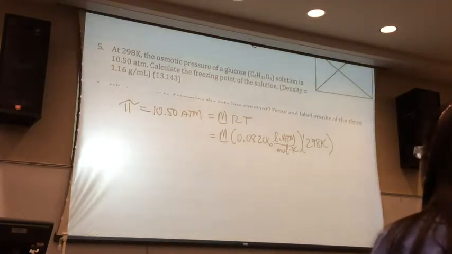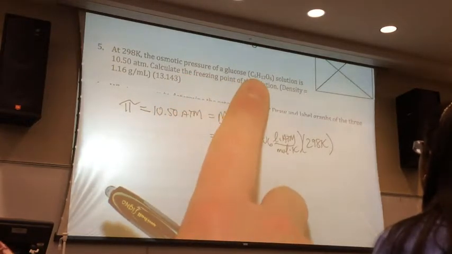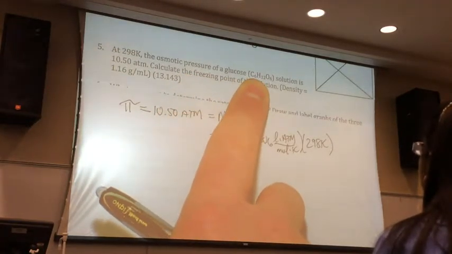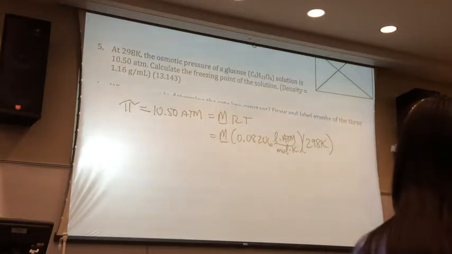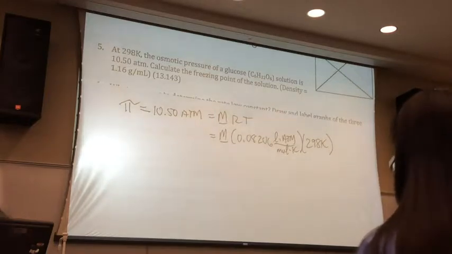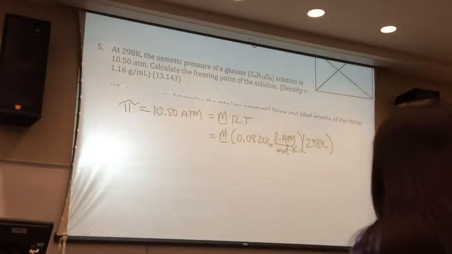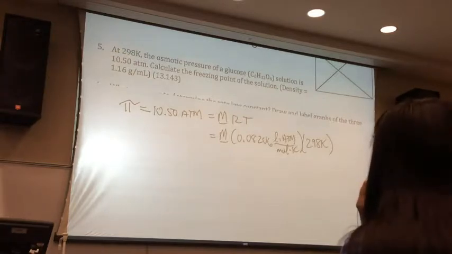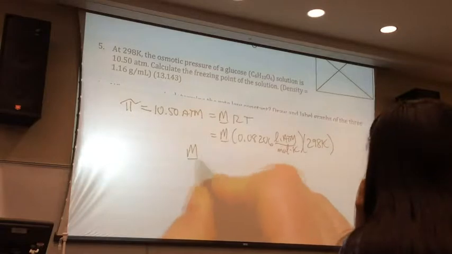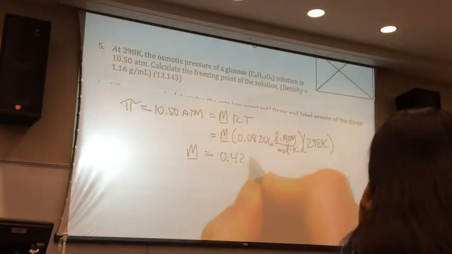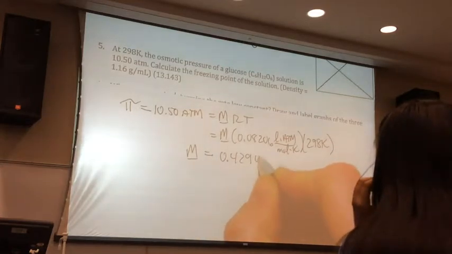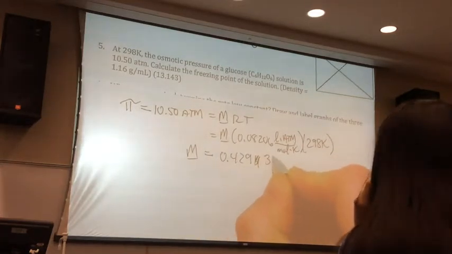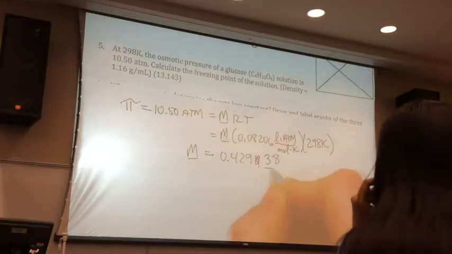So if we go through, and glucose is a non-electrolyte, so it doesn't dissociate or ionize, right? So the concentration that comes out is the real concentration. So 10.5 divided by 0.08206, divided by 298, and we end up with a molarity of 0.42938, do an extra digit there, all right?